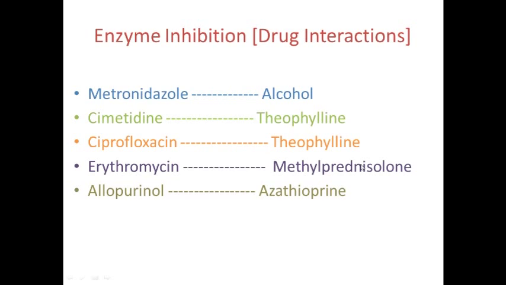Erythromycin can have drug interactions with methylprednisolone, especially enzyme inhibition. Allopurinol might also have interactions with some drugs like azathioprine. So with enzyme inhibition, the levels of these drugs can go up if you are giving them along with these drugs. There are a lot of issues with enzyme inhibition that you need to know, but a few examples would be cimetidine, ciprofloxacin, erythromycin.